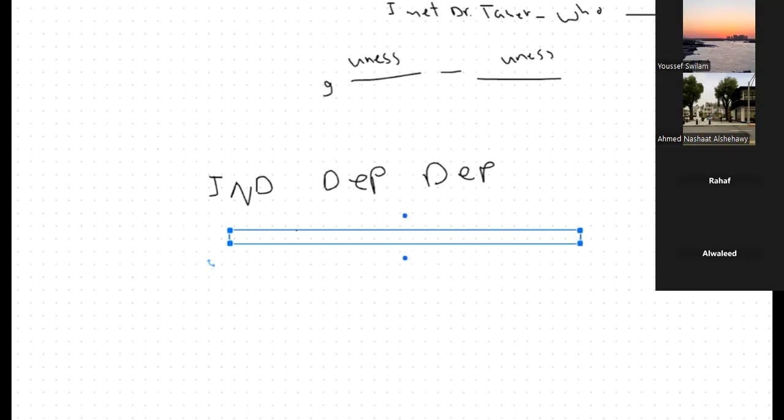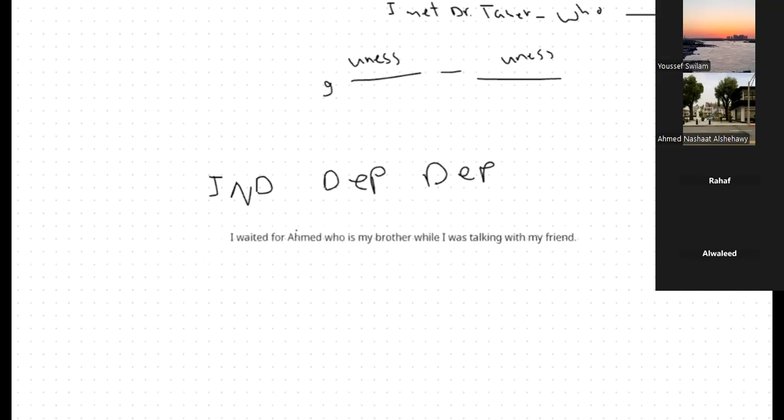So now I have two independents after each other, right? The problem is that here I waited. Let's analyze this part. I waited for Ahmed, this is independent. Who is my brother, dependent, a relative clause. While I was talking with my friend, this dependent.